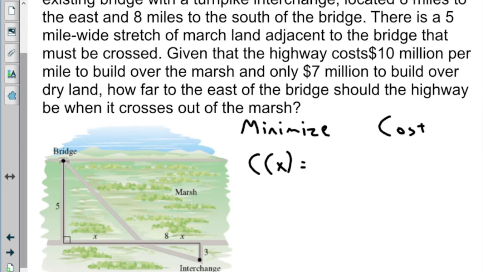So we need a cost equation. Well, our cost is $10 million per mile on the marsh plus $7 million per mile on dry land.